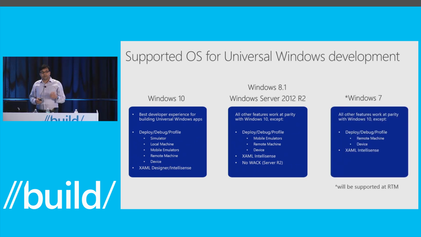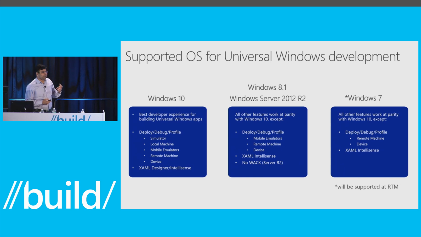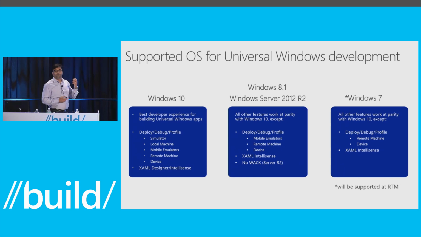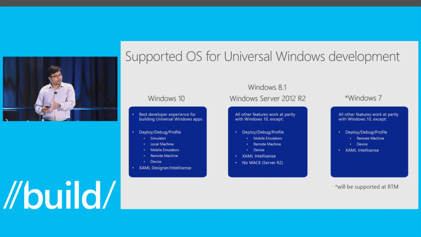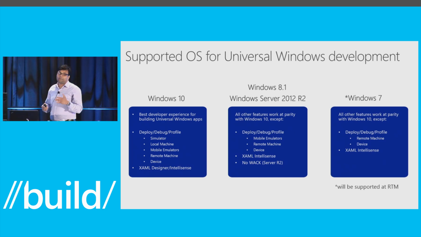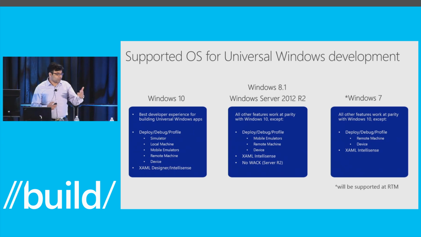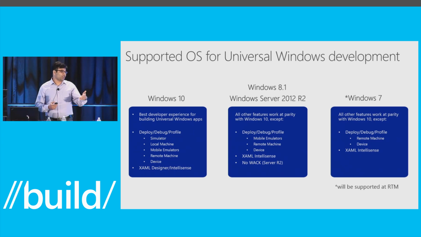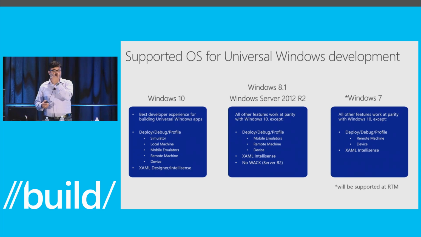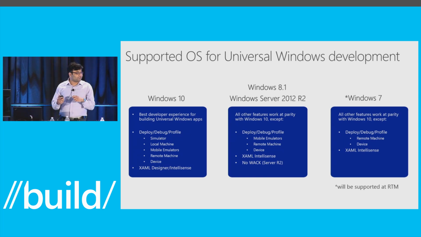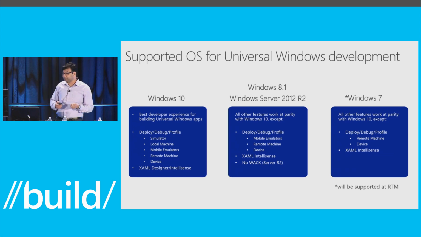At RTM, we will also support building a Universal Windows app on Windows 7, right? Again, because it's a Windows 7 OS, Hyper-V is not supported, so emulators will not work, but you will be able to use remote machine to deploy your application on a Windows 10 PC or an Xbox or an IoT device. You can also use the connected phone device to deploy your application onto a phone device and profile it and debug it, right?